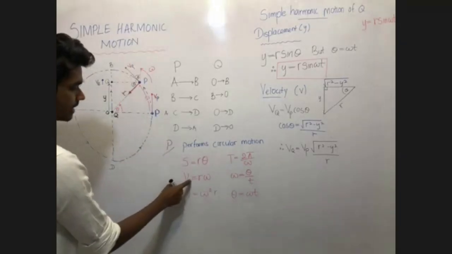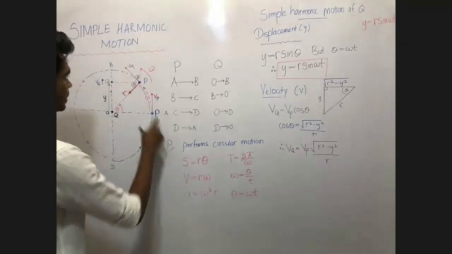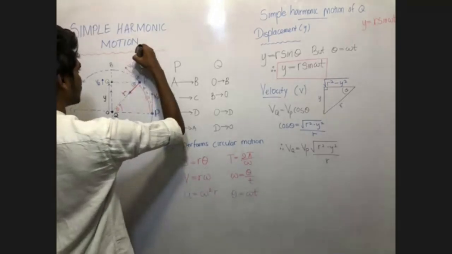VP can be written as tangential velocity, R omega. VP can be written as R times omega.